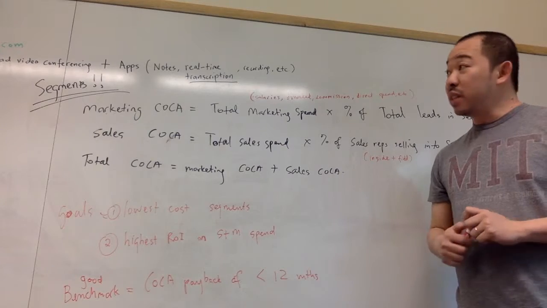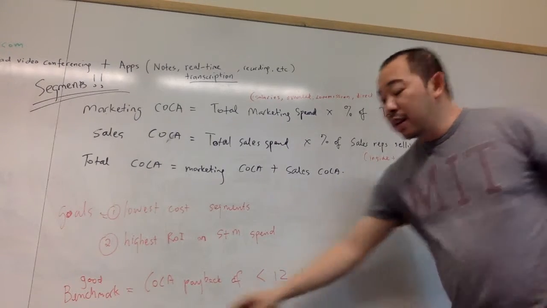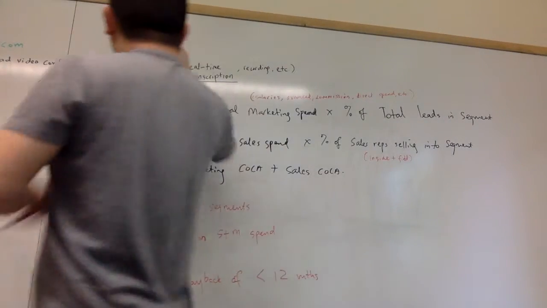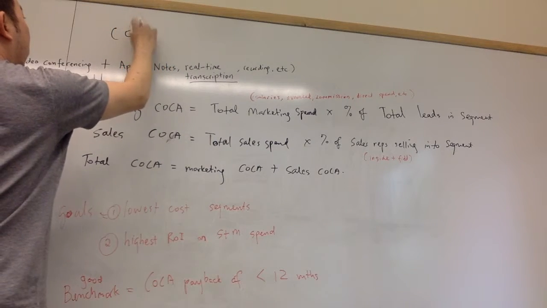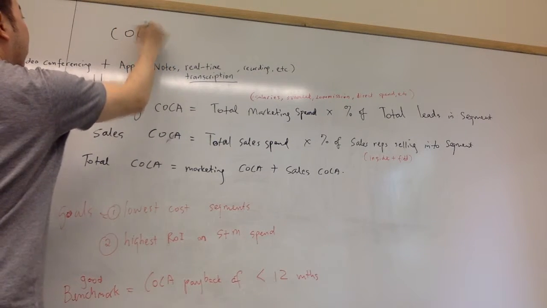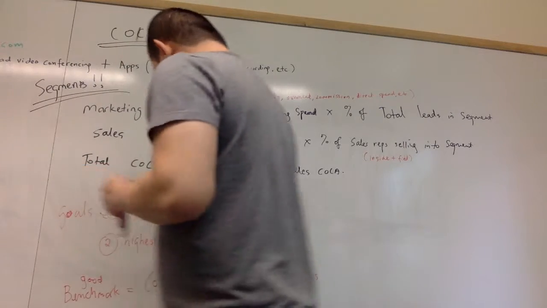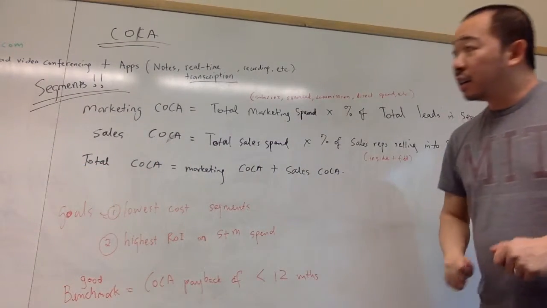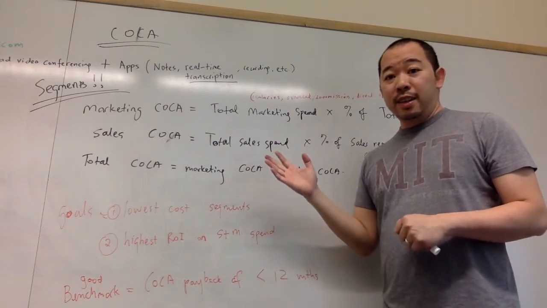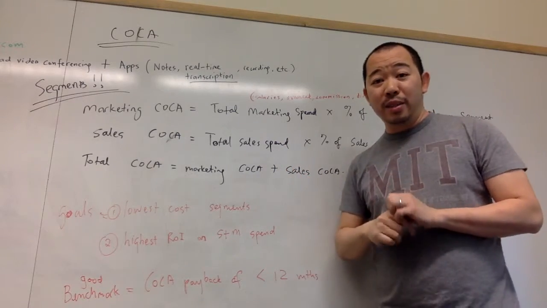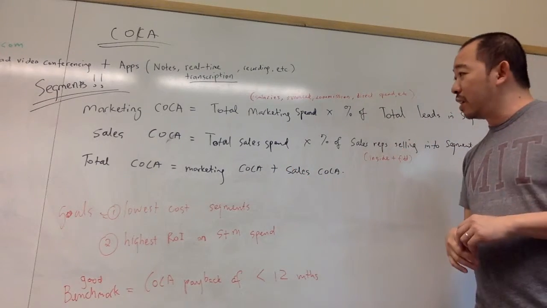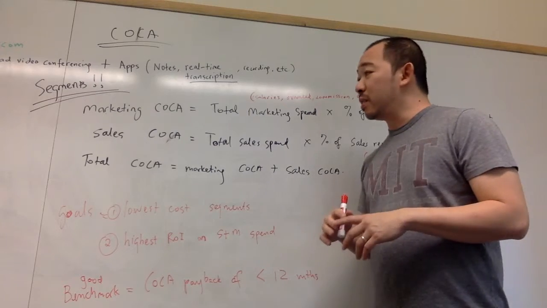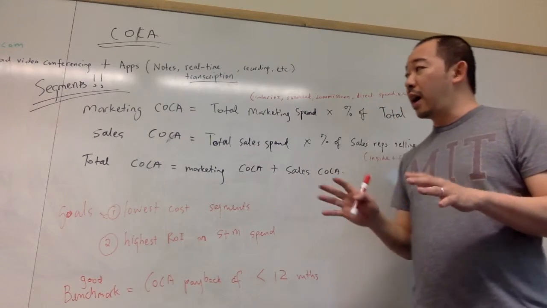This segment we talk about cost of customer acquisition, COCA. So you guys assume have some rough idea of why that is important, obviously, and how to calculate it at a high level.